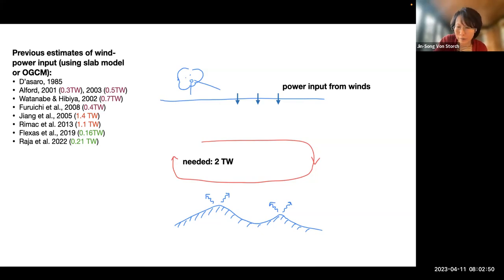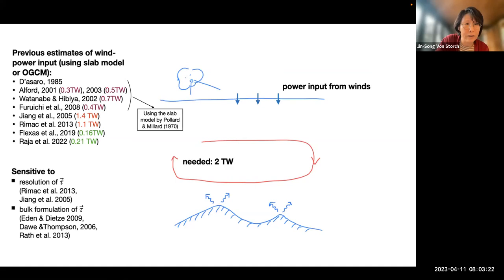So there is quite some uncertainty, and in particular the early estimates are based on slab models. This is basically just a momentum equation, and in that equation you have the Coriolis force, the wind stress and some linear drag. In this type of model, if you have the wind forcing, you directly get a response in the ocean current. This behaves totally different from what I'm going to show.